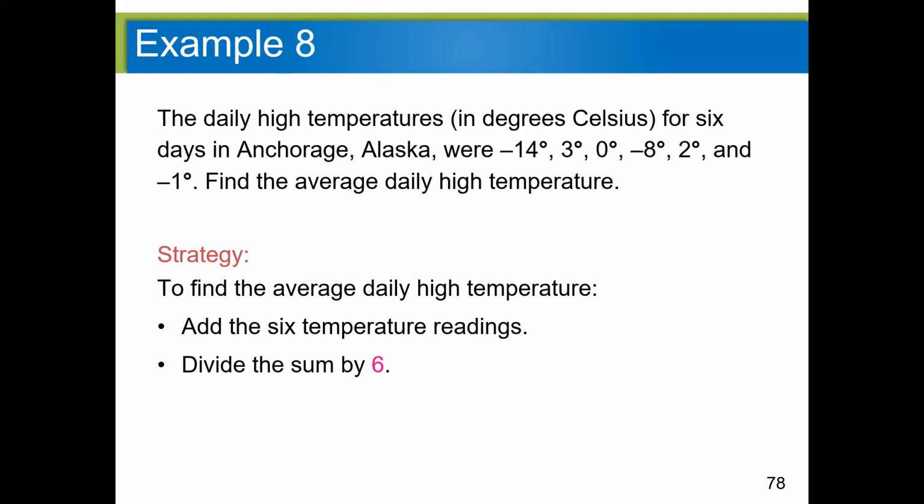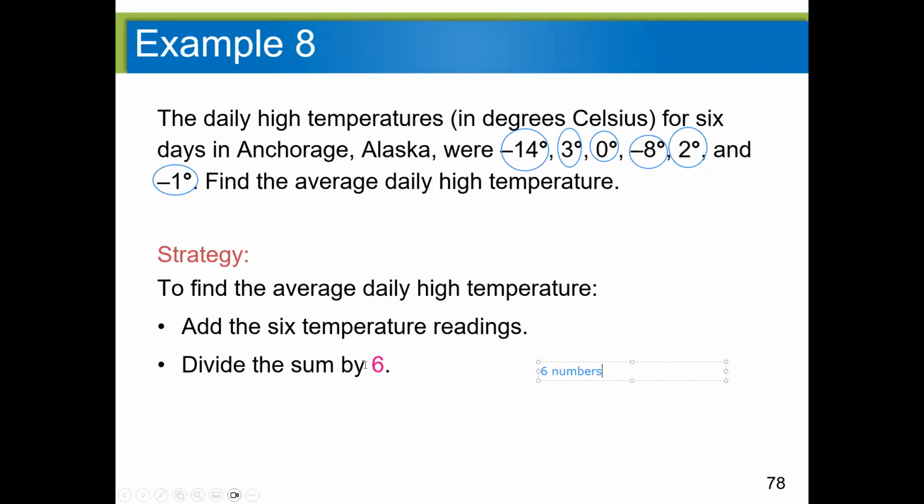So what's an average? I don't remember. Average is when you add up everything together and you divide by the number of numbers. How many different numbers do we have? Well, we have 1, 2, 3, 4, 5, 6 different numbers. So that is 6 numbers.